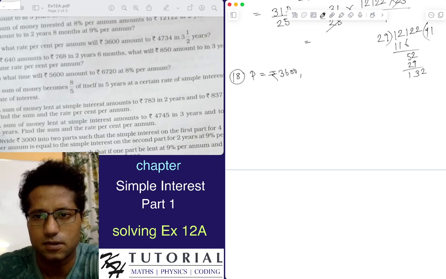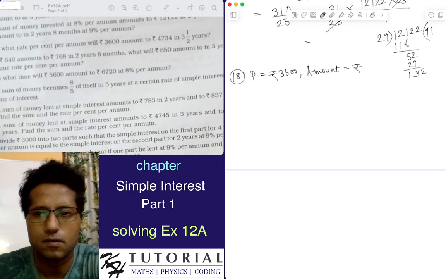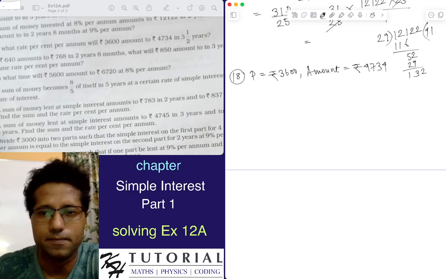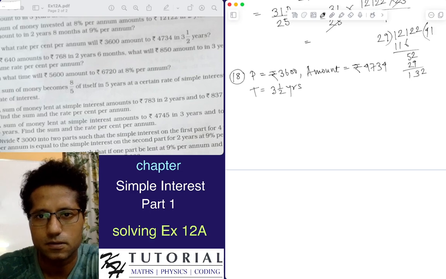Amounts to means the amount, that is the principal plus the simple interest, is given to be 4734, and the time period is given to be 3.5 years. This is equal to 7/2 years.